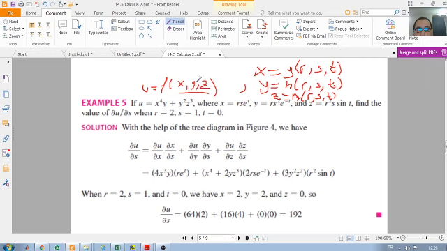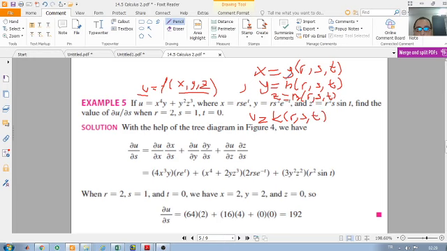Therefore here x, y, and z are the intermediate variables, u is the dependent variable, r, s, and t are the independent variables, which means u is actually a function of, let's say k, function of r, s, t.